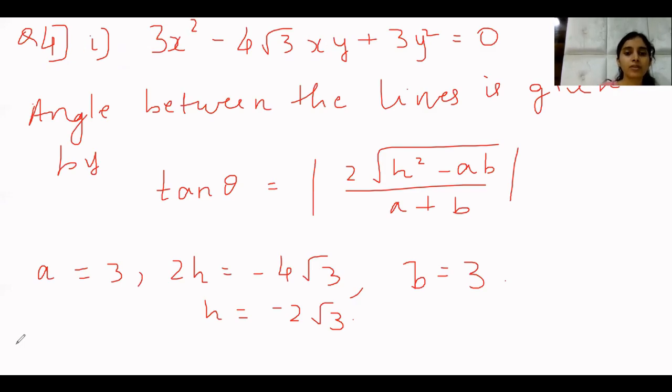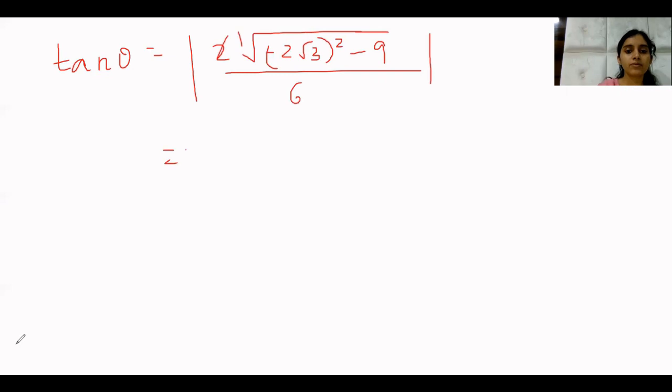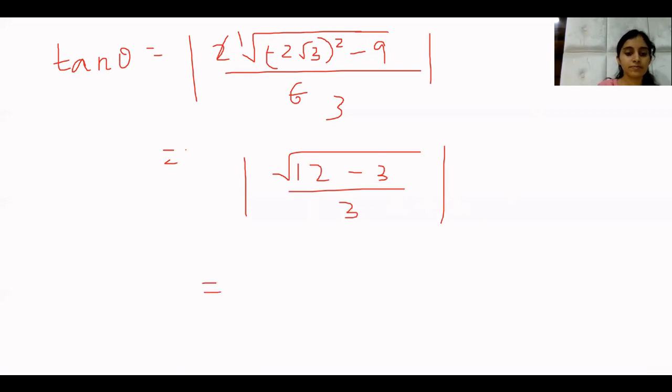So we have 3 here. This will be under root of 4 into 3, 12 minus 9 upon 3. 12 minus 9 is root of 3 upon 3.